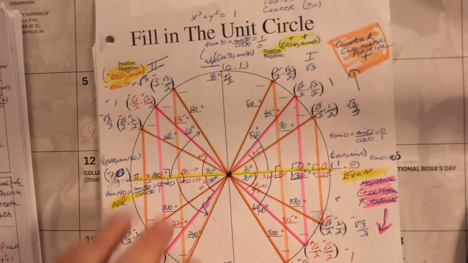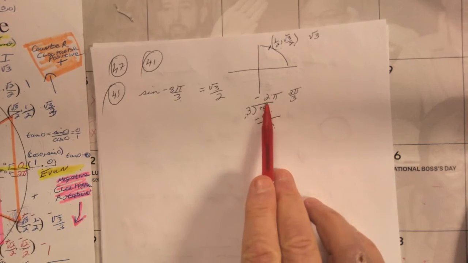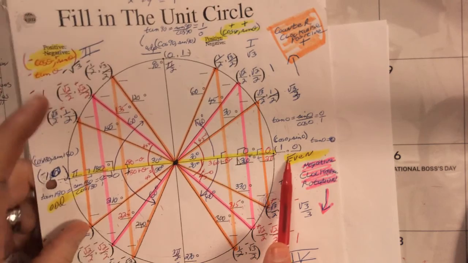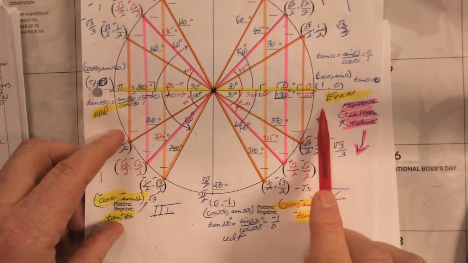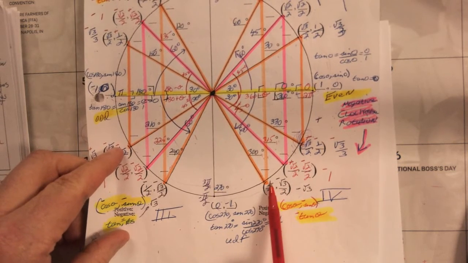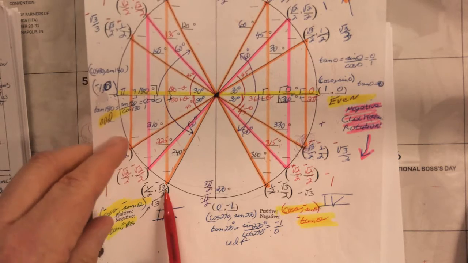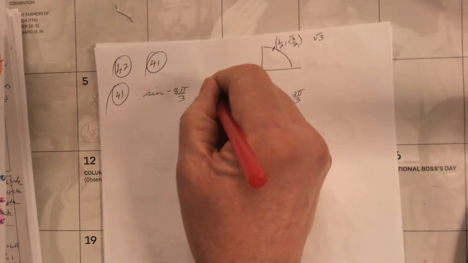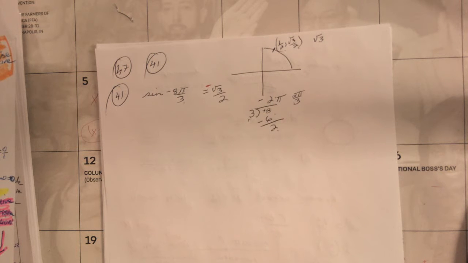All you need to know is the remainder. If this is an even number, we know we're on this side of the circle. Then you rotate 2 pi over 3 in the clockwise direction because it's negative. That's negative pi over 3. Negative 2 pi over 3 is right here, so the answer is negative root 3 over 2. And that's how you do those problems. Any questions on that?